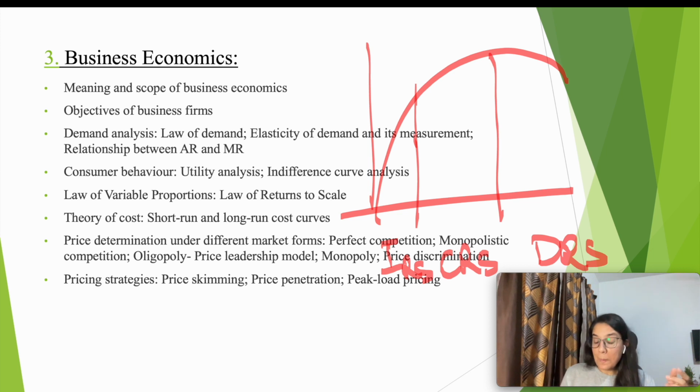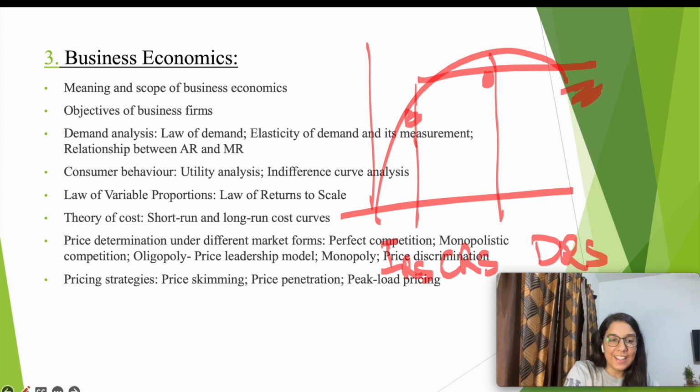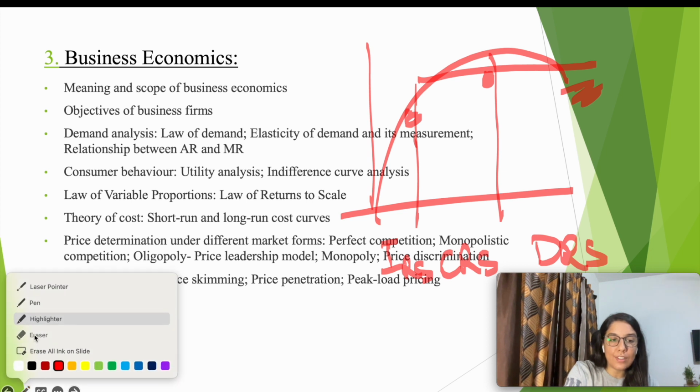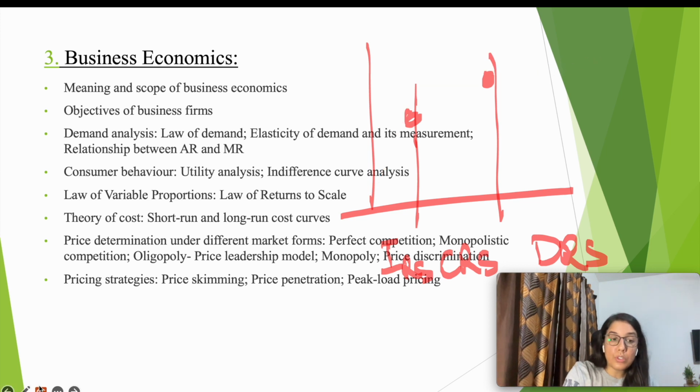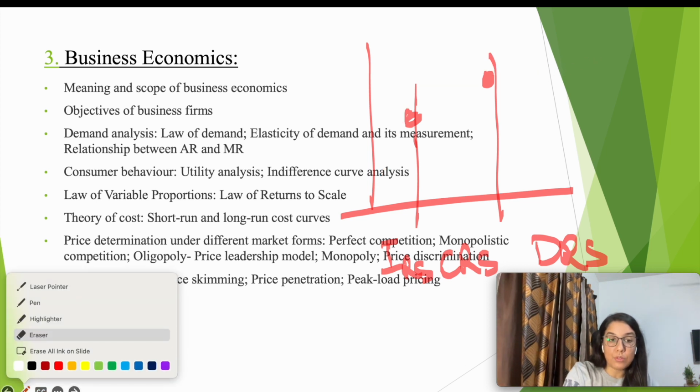So when does the IRS phase end, when does the CRS phase end, what is the state of TP when the CRS phase happens? Sorry, I marked on the wrong one. So they can ask you questions related to that. You should keep in mind that all these can be asked to you, fine.